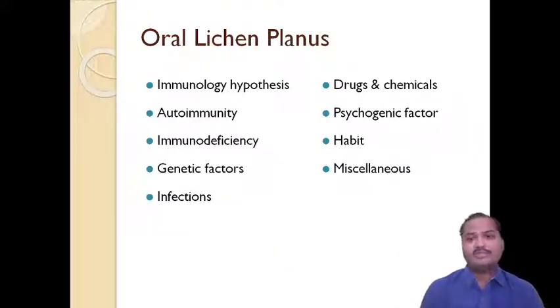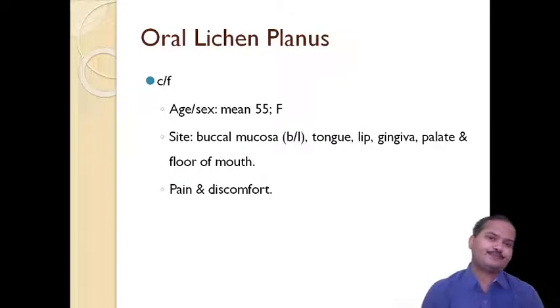Certain other chemicals and drugs are associated with the presence of oral lichen planus, and we can also see immunodeficiency, some genetic factors, and psychogenic factors, meaning stress and other anxiety-related factors. Certain habits may give the appearance of whitish lesions, and certain other miscellaneous factors may also be associated with lichen planus, though not commonly found.